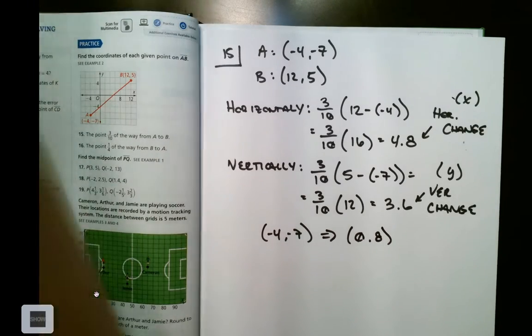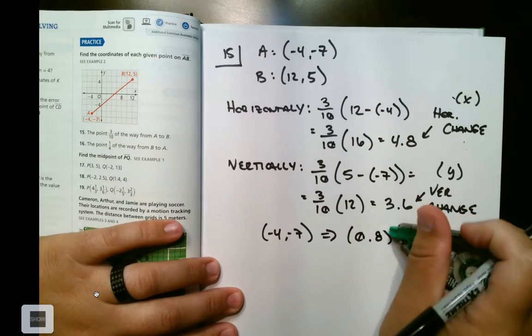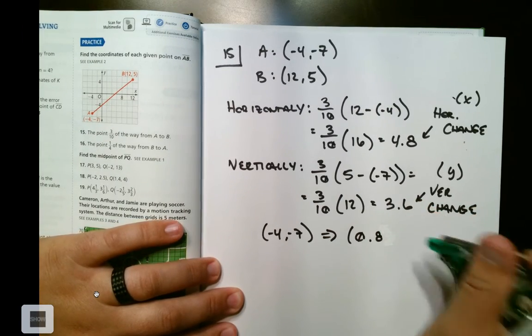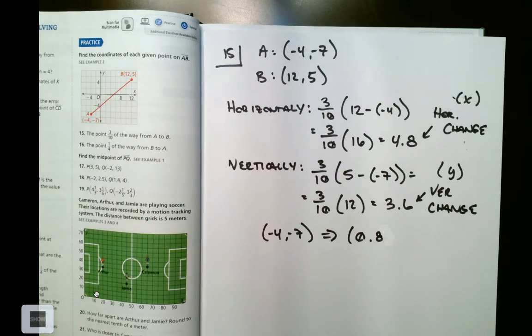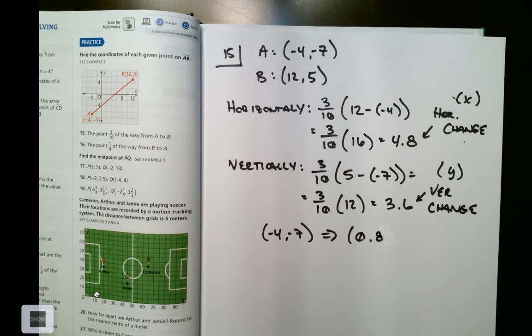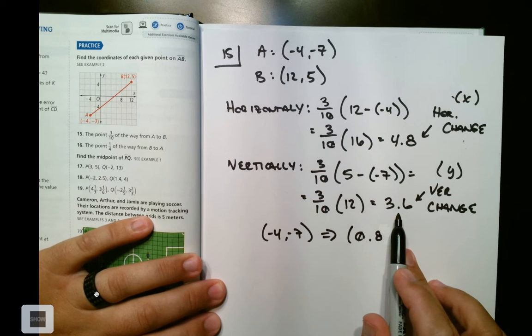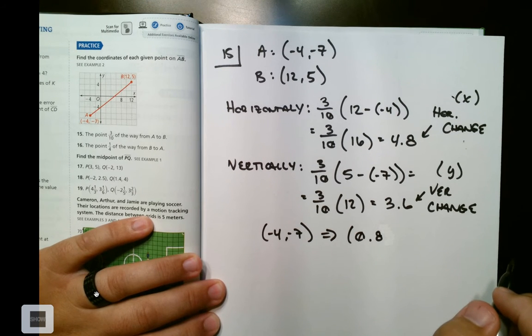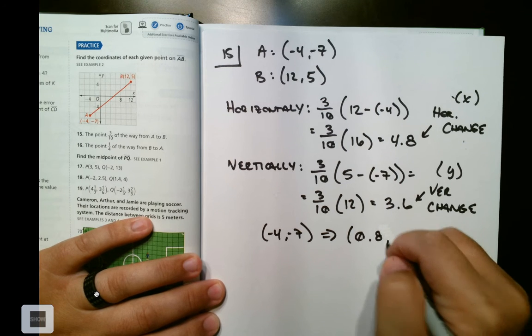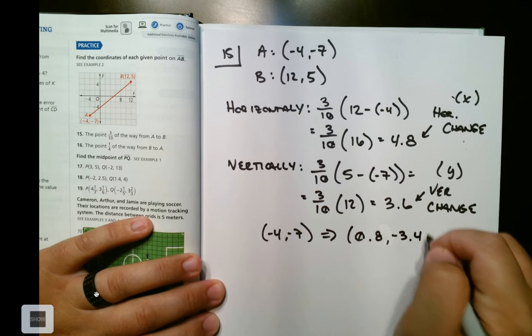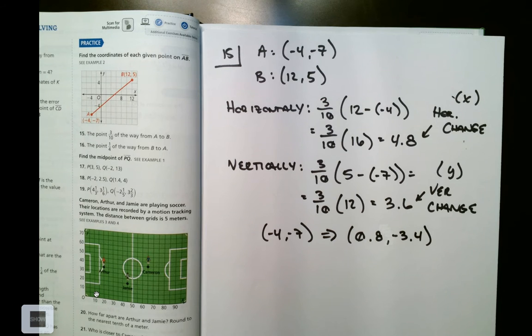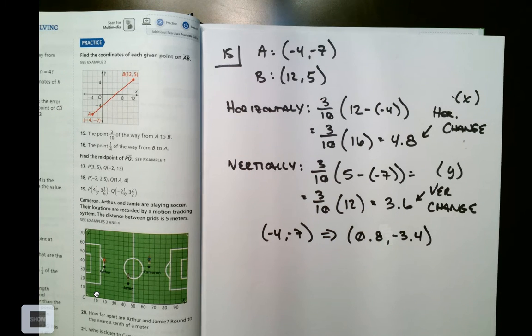All right. So -4 plus 4.8 is 0.8. And then -7 plus 3.6 is -3.4. So that is my point that is 3/10 of the way from A to B.